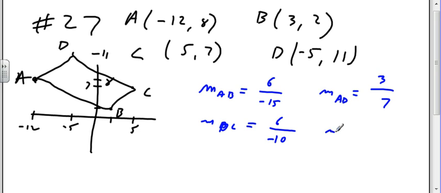And then we're going to look at the slope of BC. Change in Y, we'll go with 7 minus 2 is 5. 5 minus 3 is 2.